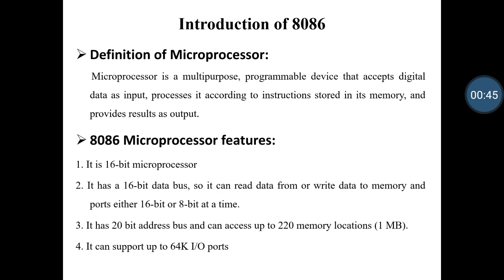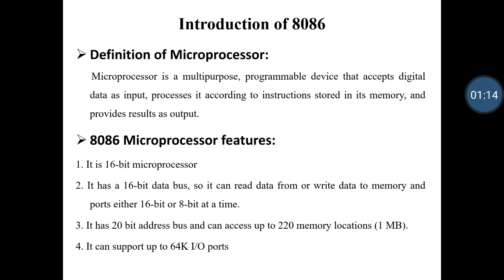So let's start. Now, a microprocessor is an electronic chip present on your motherboard, which accepts input from the user, processes it according to the instructions, and stores the result in memory or provides the result as output to the user.